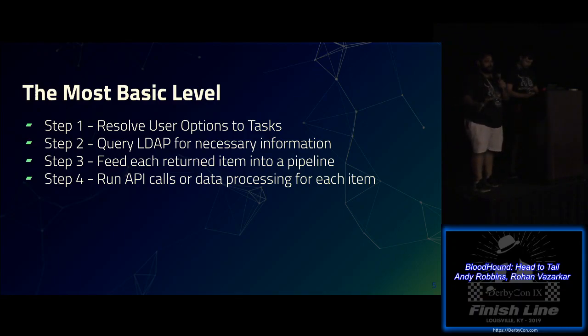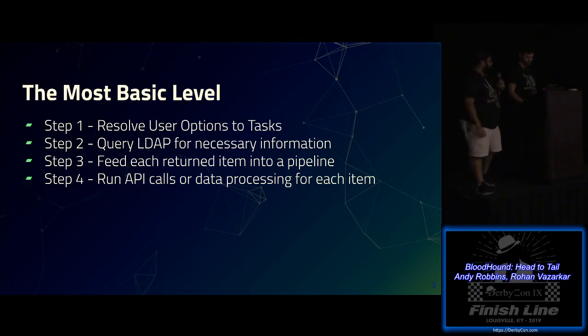We query LDAP at the domain controller level, and we ask for the set of data that we need to accomplish that task. And we do this by taking each individual task and mapping it to an LDAP filter, and then we join all those LDAP filters into the Franken filter, and it looks really, really disgusting if you ever look at it, but it works, so I'm not going to change it because you don't mess with what works.